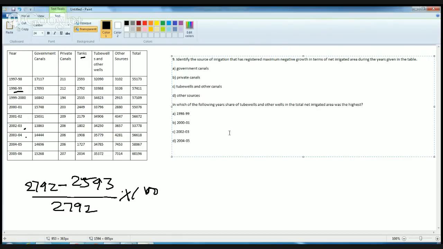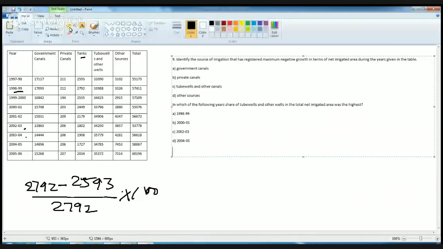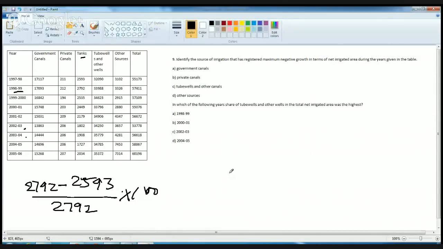Now the next question is, in which year is the share of the tube wells and other wells to the total irrigated area highest? So this is a different type of question. I said there will be only two types of calculations that you need to do, but this question requires a different calculation. So for 98, 99, we have to take this value and this value.